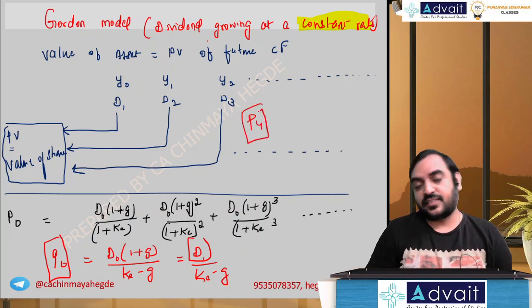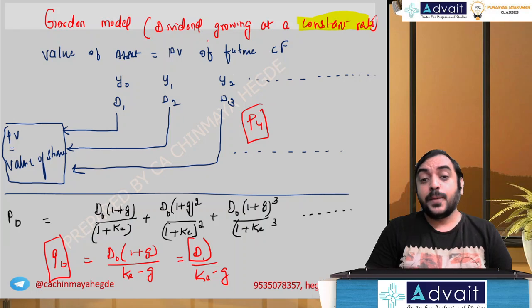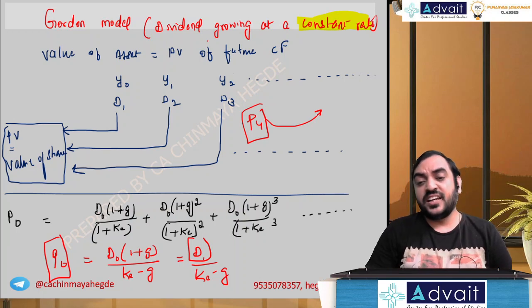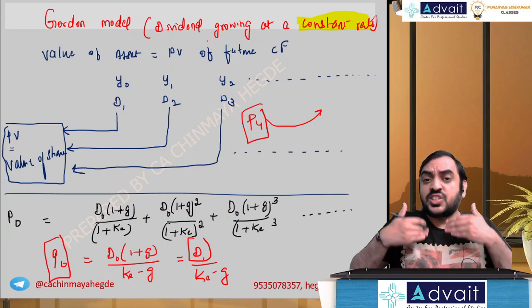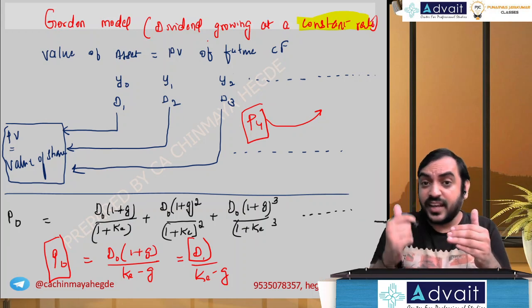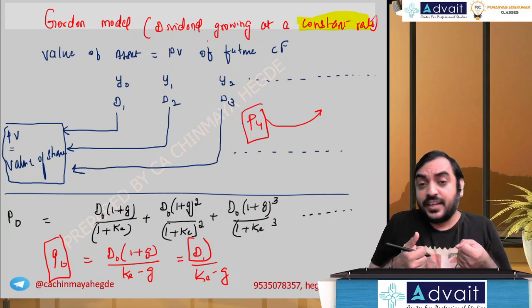P4 represents dividend from. Can you tell me which year onwards you will take it? P4, I am investing at the end of year 4. When will I get dividend? 1 year later, right? Immediately I don't get dividends.